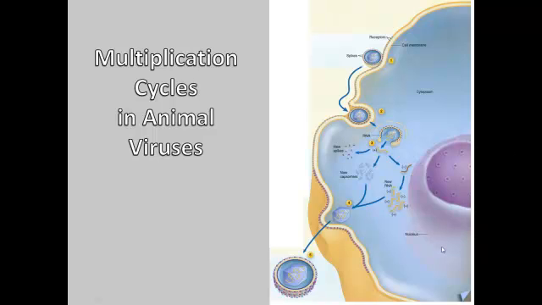Now, if the virus has a DNA genome, the genome goes into the nucleus of the animal cell, because that's where all the enzymes for working with DNA are in the cell. Those enzymes make more DNA copies of the genome, and they make RNA copies, mRNAs, that go out into the cytoplasm where they code for viral capsid proteins, viral enzymes, and so on. If the virus has an RNA genome, it usually stays in the cytoplasm like in this diagram.